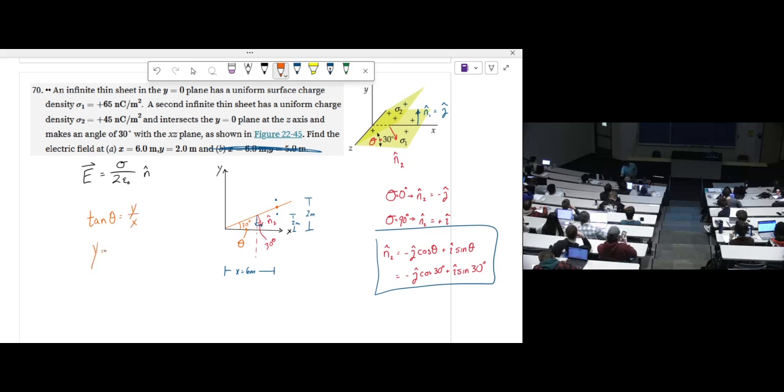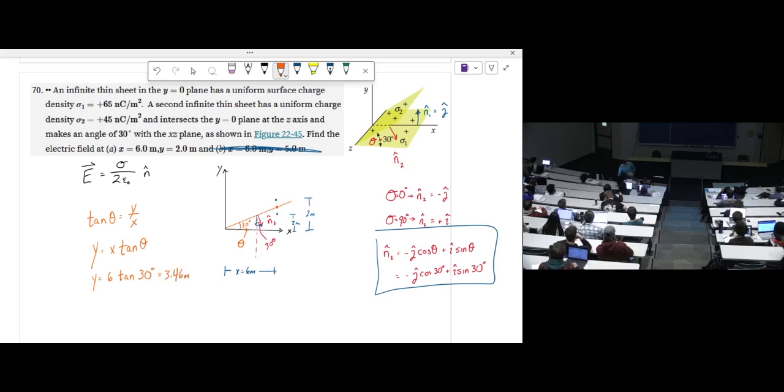Or y is equal to x times the tangent of theta, or y is equal to 6 times the tangent of 30 degrees. Right? And what do you get for 6 times the tangent of 30 degrees? I don't have it written down on my notes over here. 3.46.